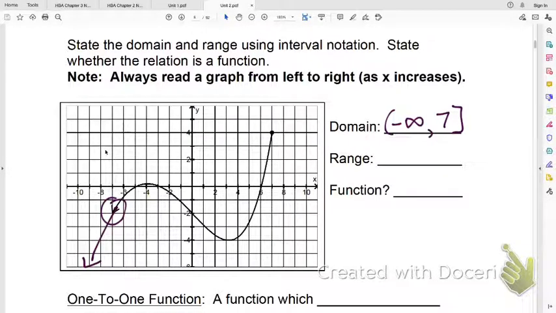That arrow wasn't sitting below the -4, but it doesn't mean it doesn't keep going. So because that branch keeps going down, my range still starts at negative infinity. Where does it stop up on the y-axis? Okay, at 4 with a bracket.